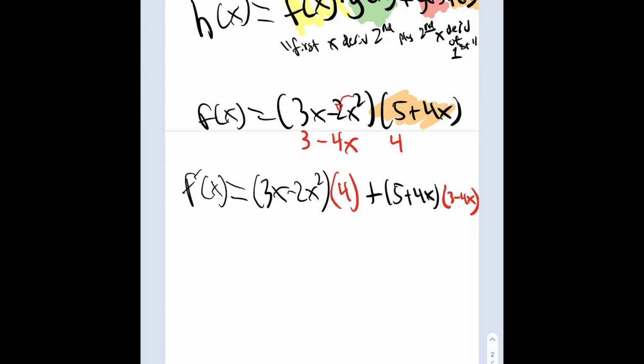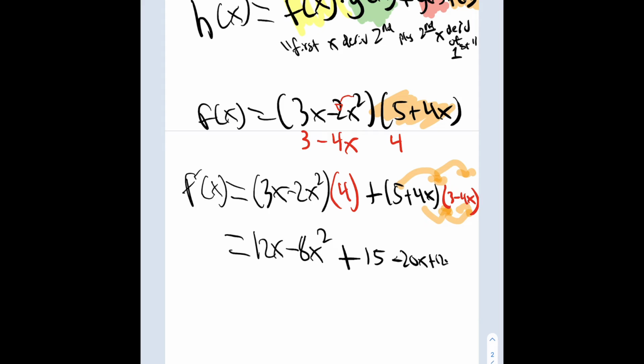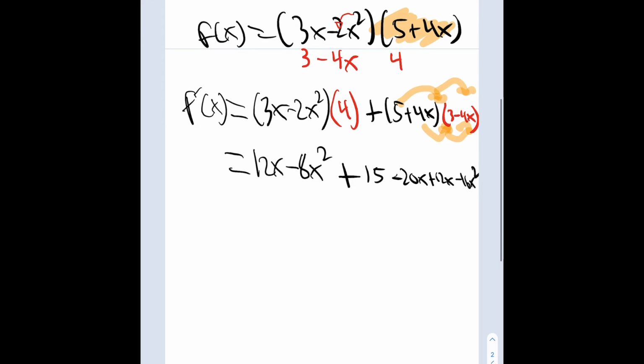If I start to simplify, 4 times 3x is 12x minus 8x squared, plus, now I have to do the distributive, or FOIL. 5 times 3 is 15, negative 20x plus 12x, minus 16x squared. Now we've got some like terms.